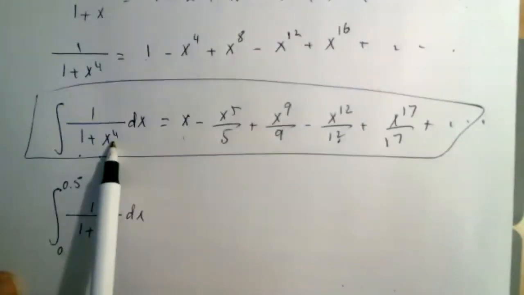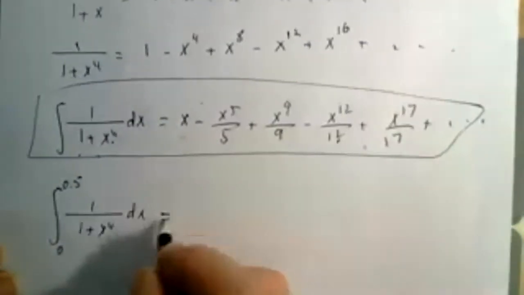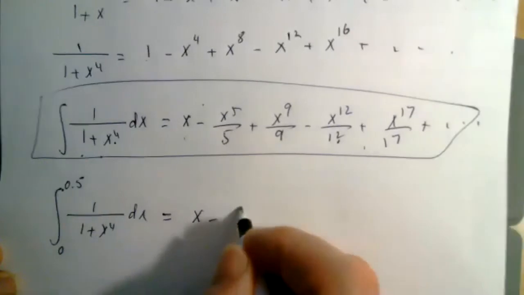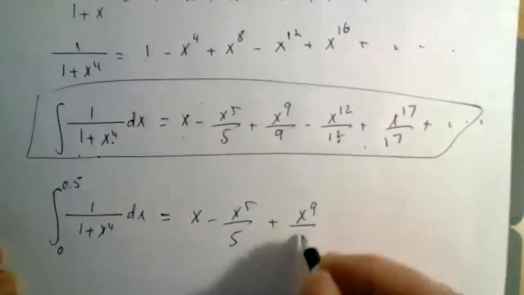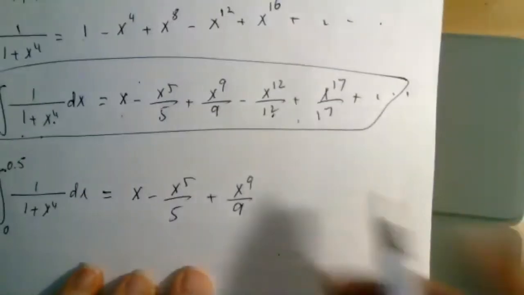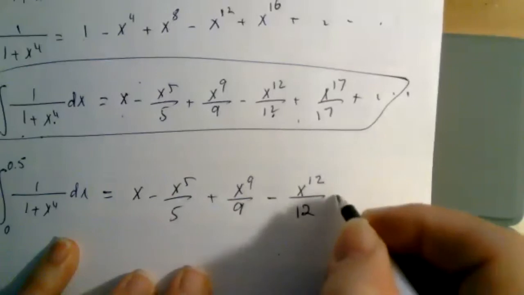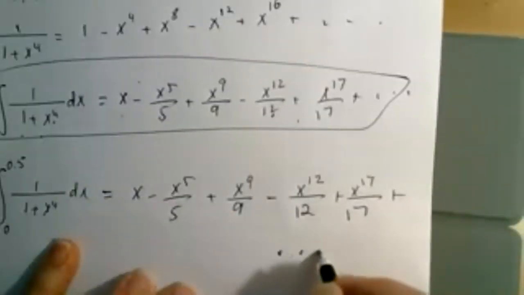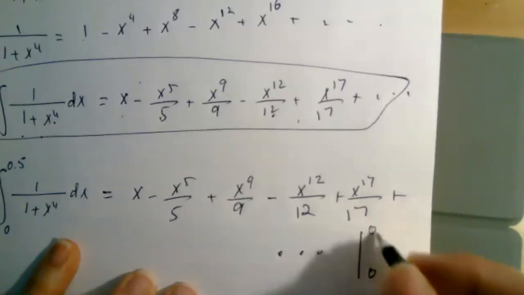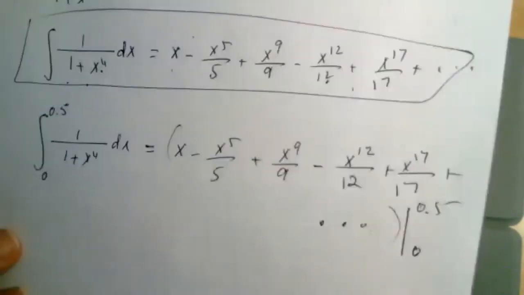So I'm going to take this, integrate, and find the antiderivative term by term. So this is going to be equal to that. I'm just going to use the first few terms: x^13 over 13 plus x^17 over 17 plus etc., evaluated between 0 and 0.5. That's really how people manipulate those antiderivatives.